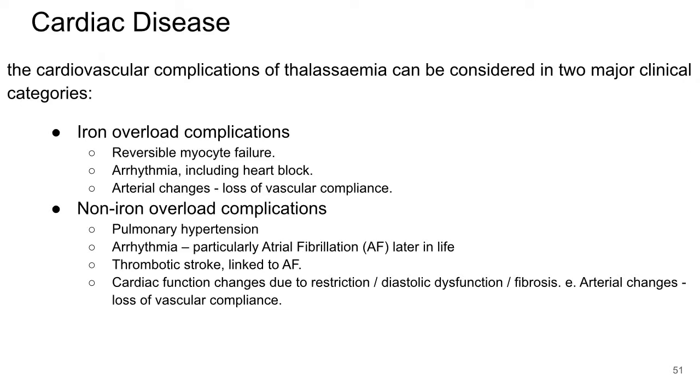Number 1, iron overload complications like reversible myocyte failure, arrhythmias, loss of vascular compliance. Number 2, non-iron overload complications like pulmonary hypertension, arrhythmias, thrombotic stroke, cardiac function changes due to restriction, diastolic dysfunction, and fibrosis.